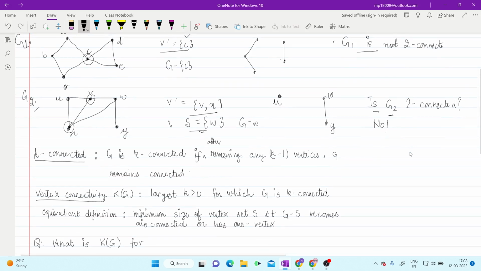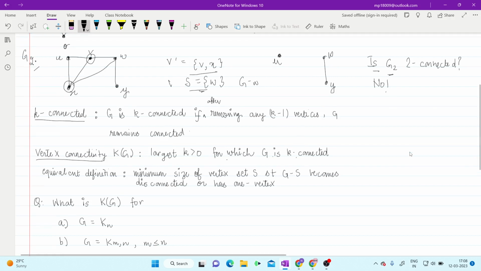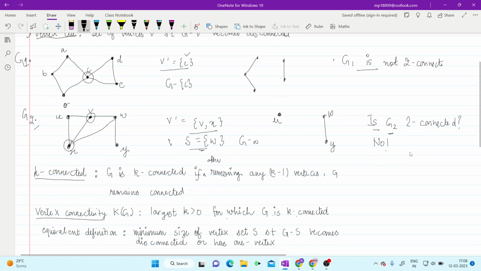Now that we know what k-connectedness is, we can define vertex connectivity. Vertex connectivity is the largest k for which G is k-connected.